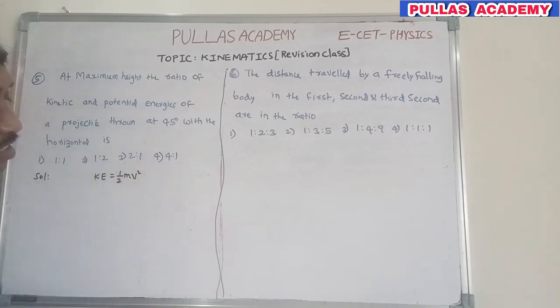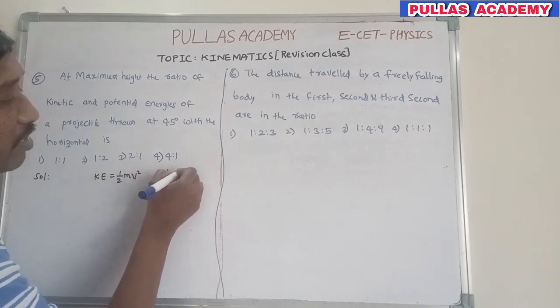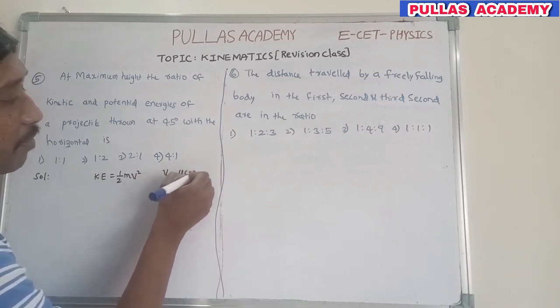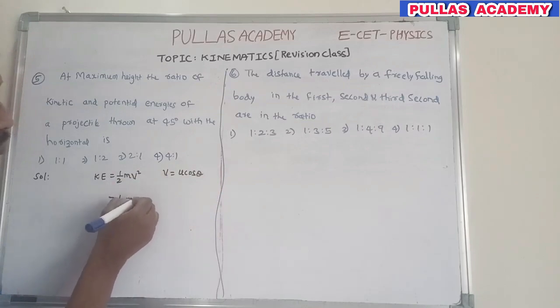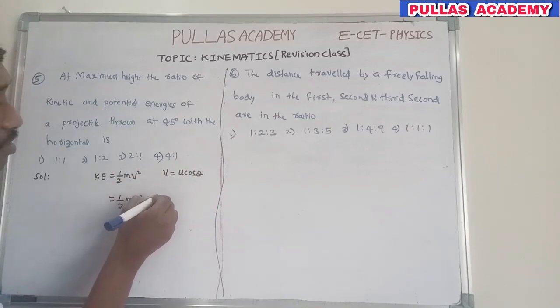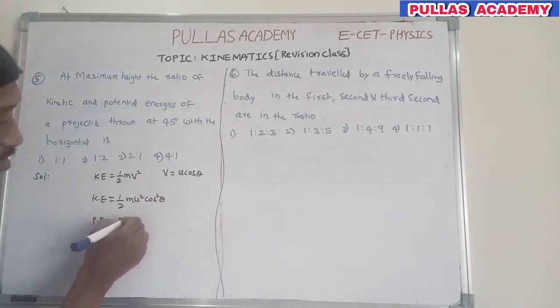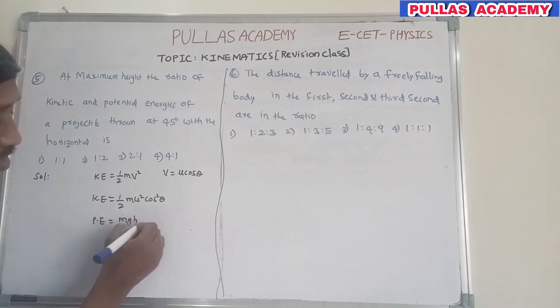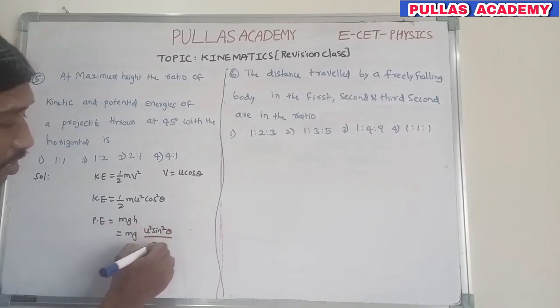But at the highest point of the projectile, v is equal to u cos theta. So the formula is half m u square cos square theta. This is the kinetic energy. Next, what is the potential energy formula? At the highest point it is mgh, where h is u square sin square theta by 2g.